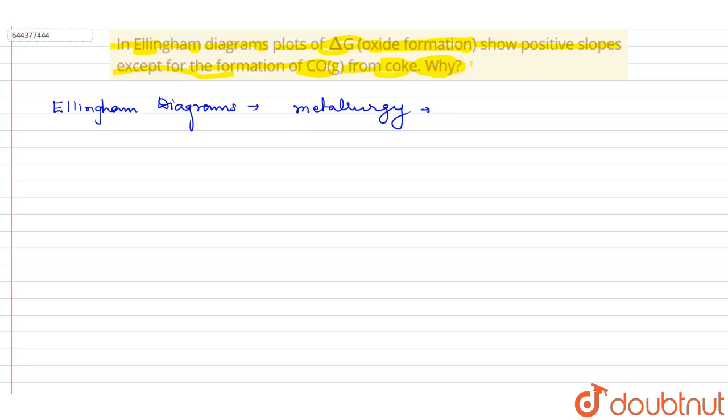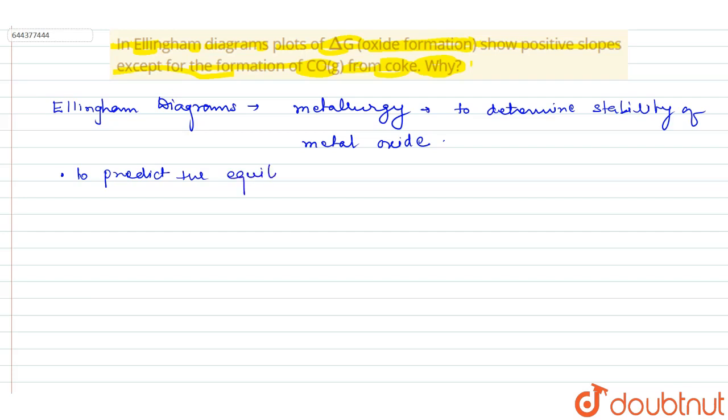To determine the stability of metal oxide, and the other use is to predict the equilibrium temperature between metal and its oxide and oxygen.